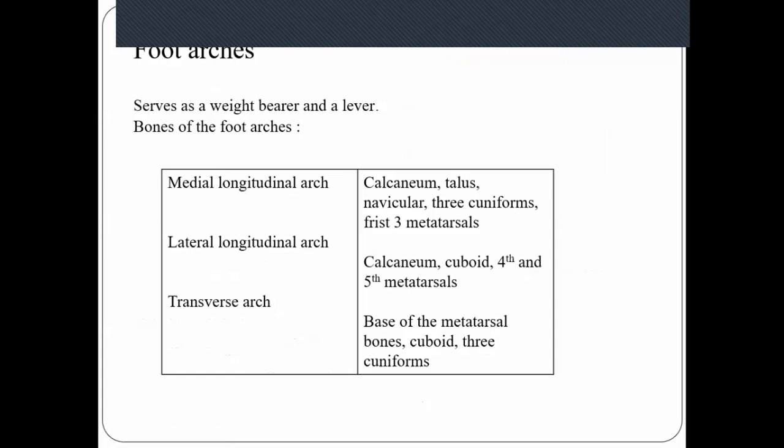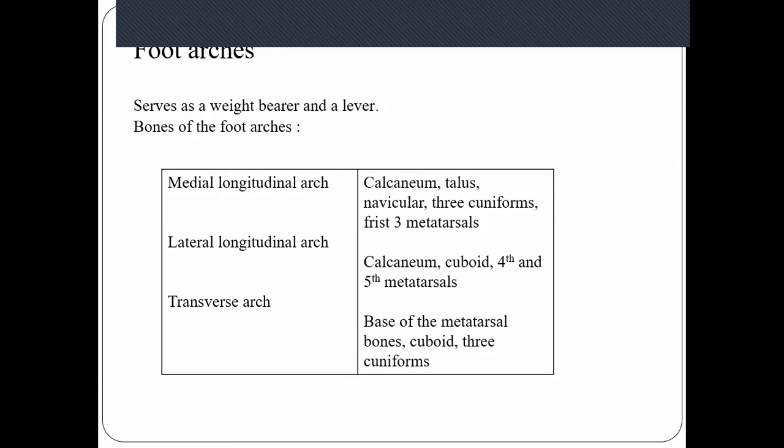Then, I will do a brief introduction to foot arches because you will have a detailed lecture on foot arches and the functional aspects of walking and gait later. So, I will give a brief introduction. These foot arches are the ones you can see on your foot as curves.